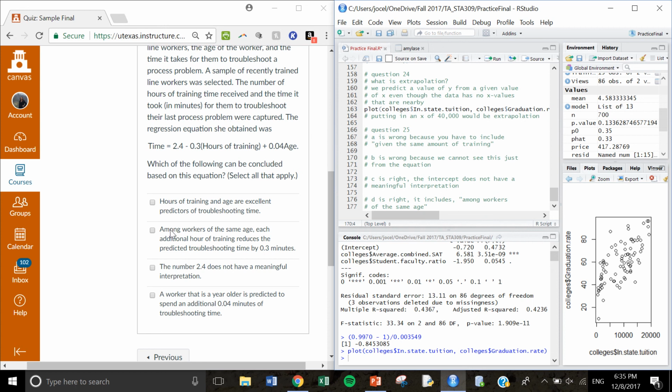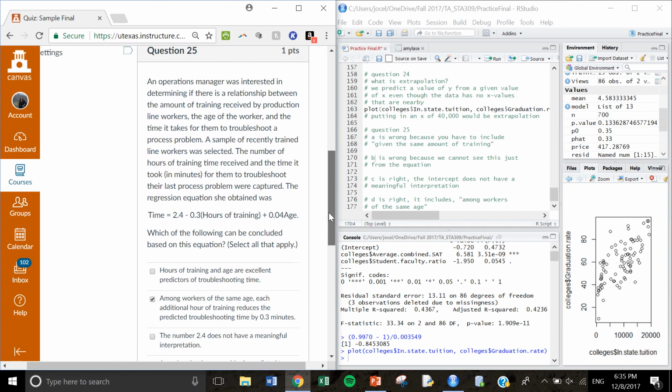B, among workers of the same age, each additional hour of training reduces the predicted troubleshooting time by 0.3 minutes. This part is right because an additional hour of training, which is right here, reduces the predicted troubleshooting time by 0.3 minutes. That's true. What makes this right is this: among workers of the same age.